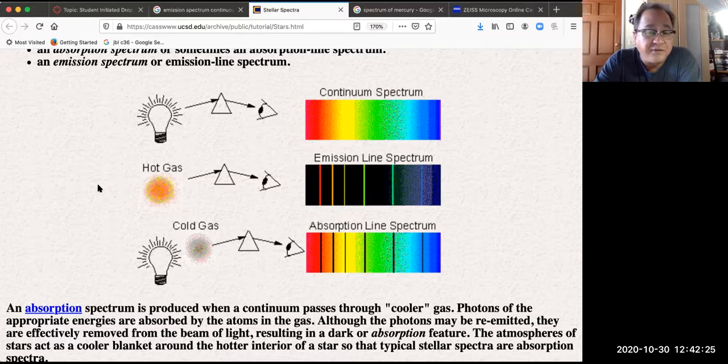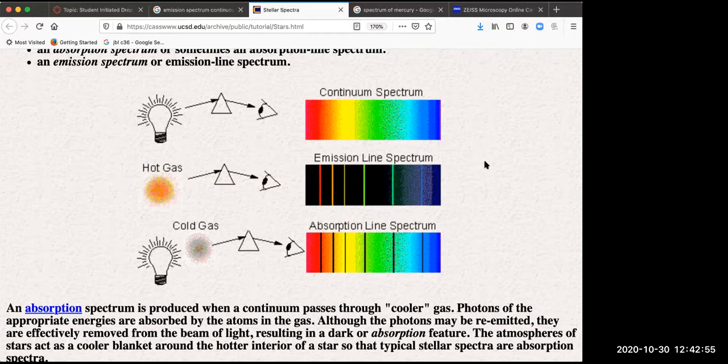You get most of it, but there are black lines in there. Those black lines are at the same places where you see colored lines in the emission spectrum. So this bottom one is called an absorption spectrum because some of the continuous spectrum is being absorbed and doesn't get through. And when it doesn't get through, it looks like a black line. So do you understand the differences between the three images?